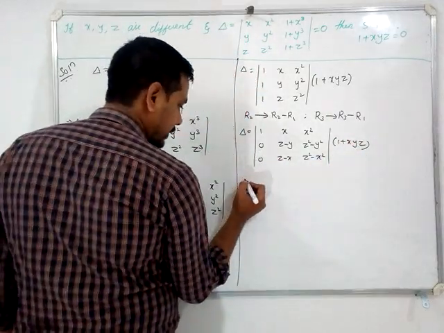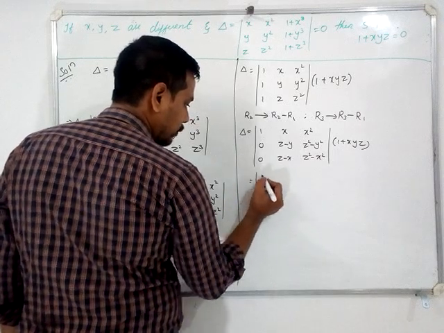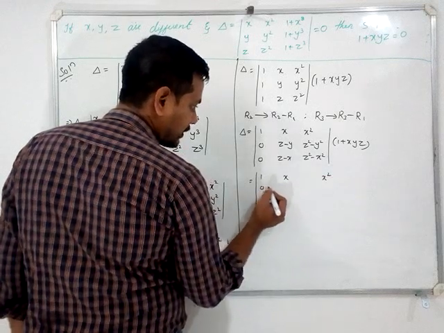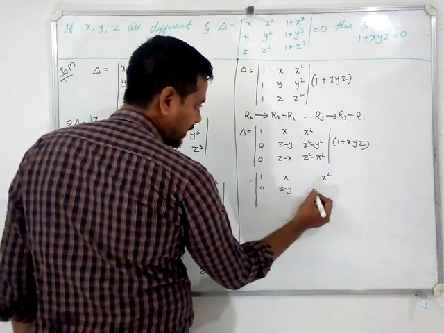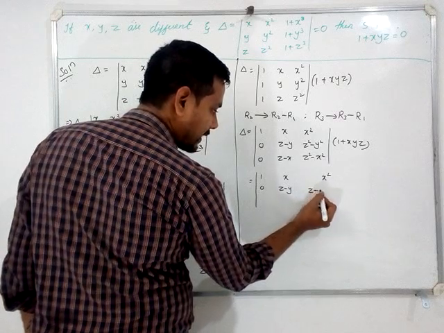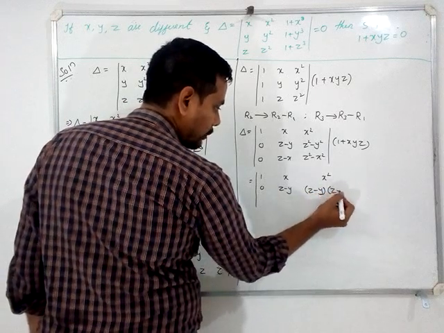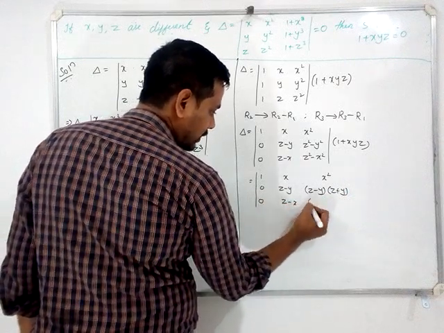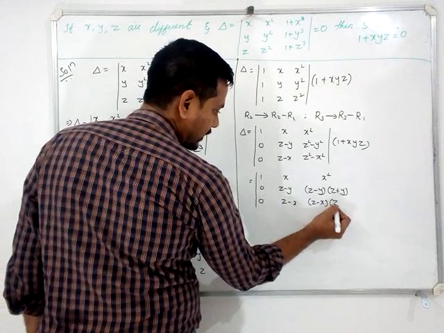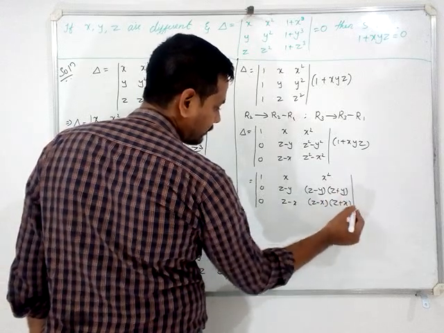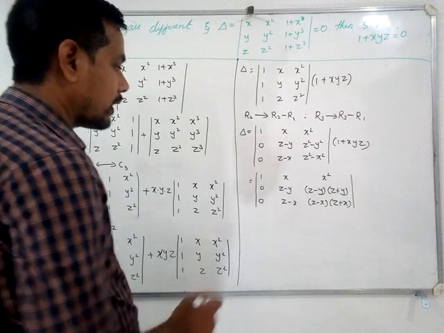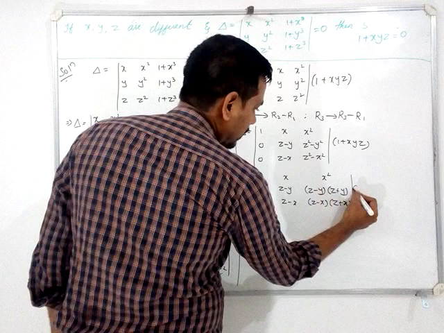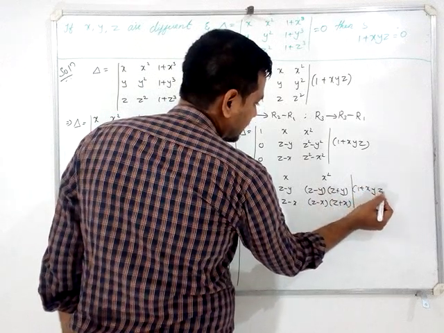So this will be 1 x square, 0, z minus y. So z square minus y square I can write as z minus y into z plus y, and z minus x. So this is z minus x into z plus x. Okay, so now I can take z minus y and z minus x outside into 1 plus xyz.